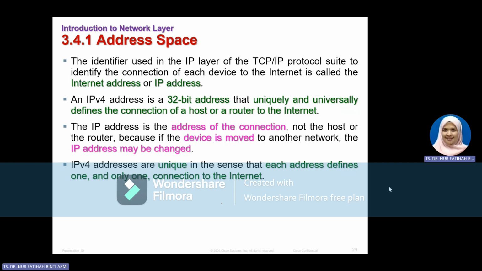Especially, we would like to focus on the IPv4 address space. We know that each device on a network needs a unique address, and it is known as the IP address. This is used to communicate.